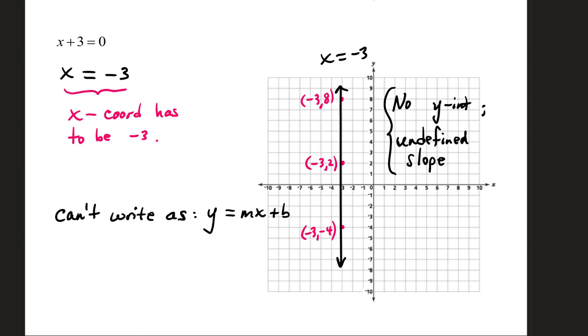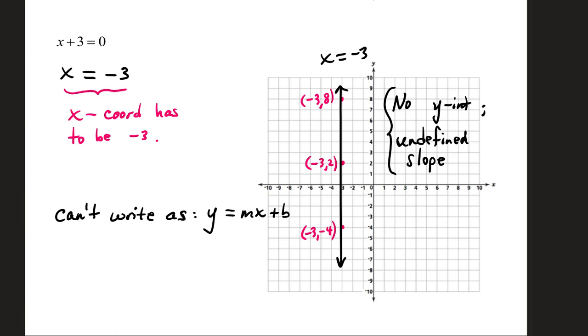The equation is only happy when x equals -3. So if you come over to the grid and pick out 2 or 3 or more points, as long as the x coordinate is -3, that equation's satisfied. Those will be points that all line up vertically. For this particular line, there's no y-intercept and there's an undefined slope.